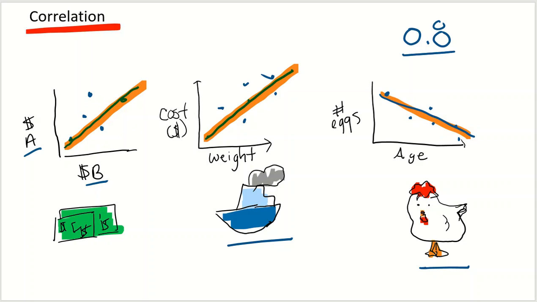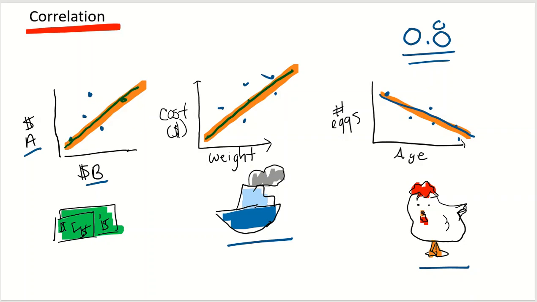So this tells us there's a strong correlation between a chicken's age and its egg production. But what the number itself, 0.8, doesn't tell us is whether the less a chicken makes eggs, the more it ages, or the more a chicken ages, the less it produces eggs.